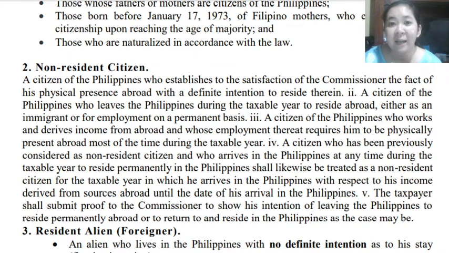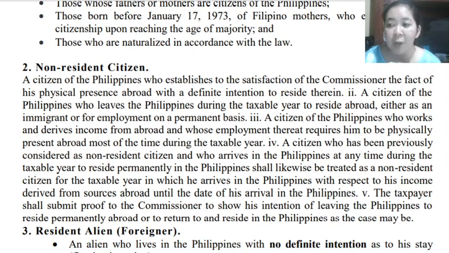You are again classified under non-resident citizen. Another is a citizen who has been previously considered as non-resident citizen and then arrives in the Philippines at any time during the taxable year to reside permanently here. You will also be treated as non-resident citizen for the taxable year.